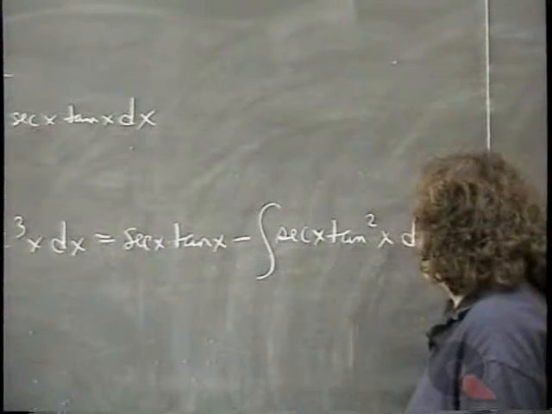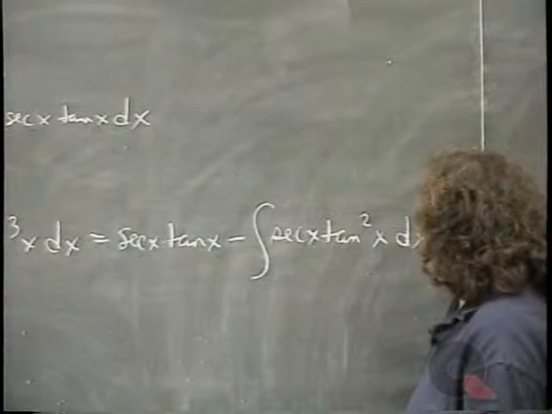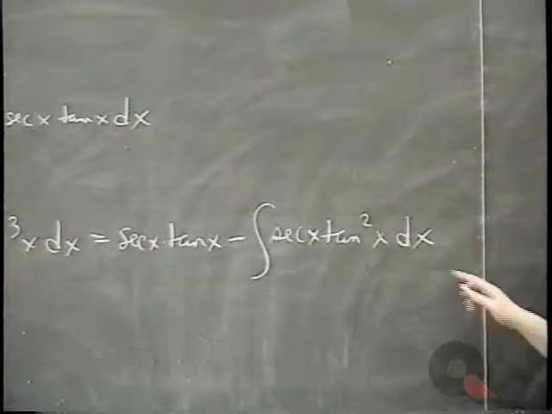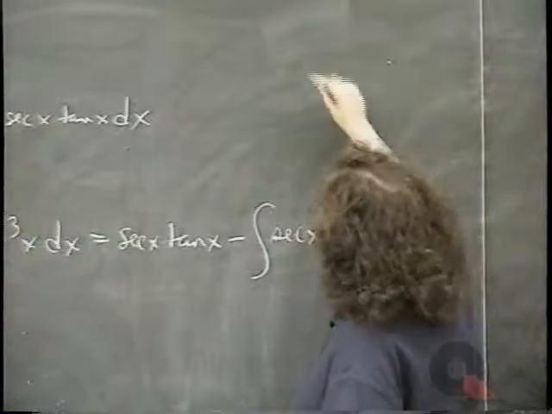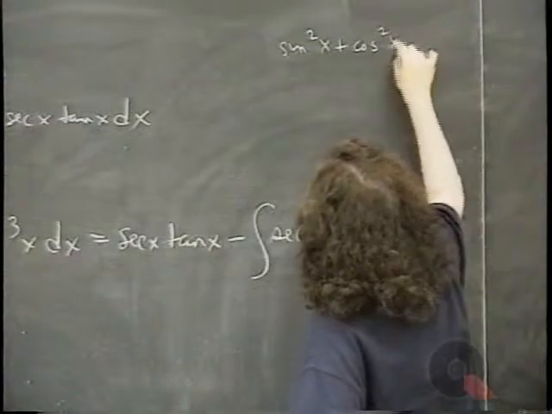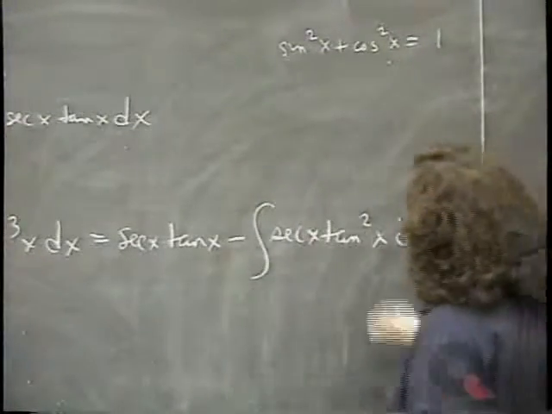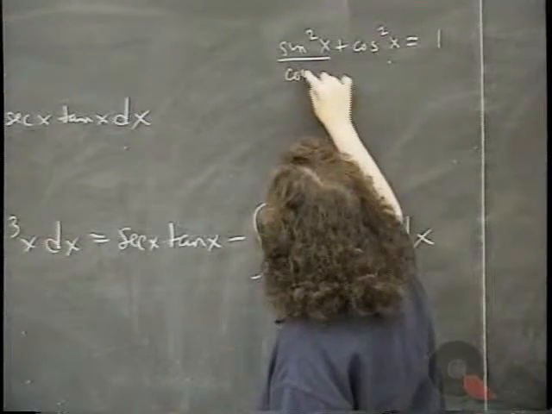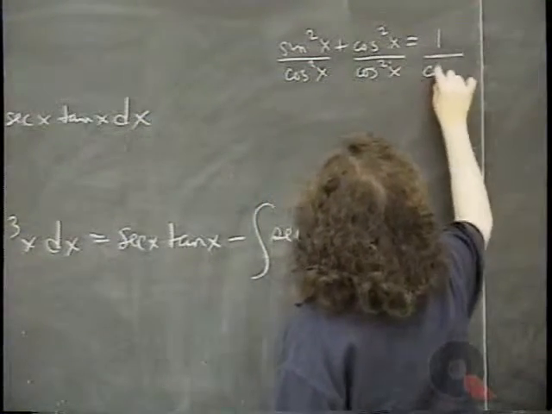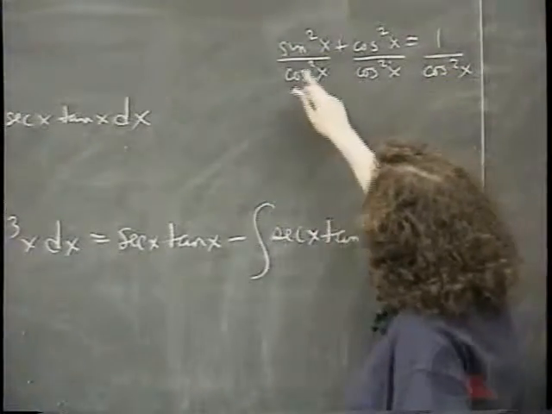Now, how do I integrate this? I'm going to use something of a trigonometric trick here, which you might not like, but I have to show it to you. We know that sine squared x plus cos squared x is 1. This is a common trig identity. If we divide through by cos squared x, we will get another trigonometric identity.